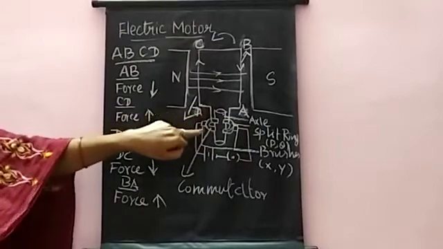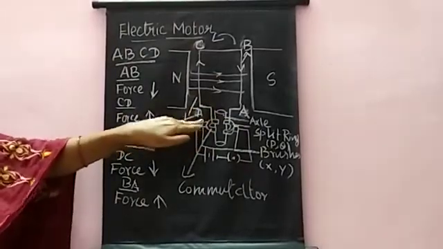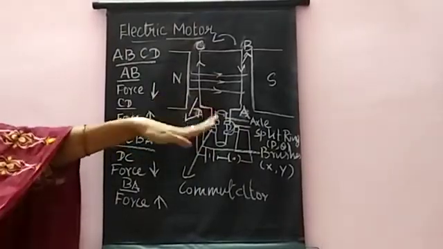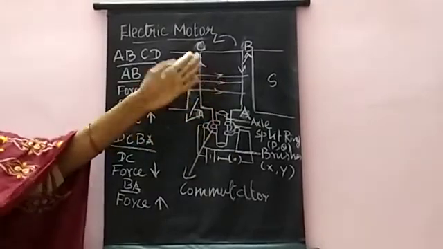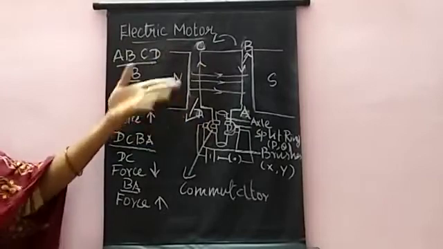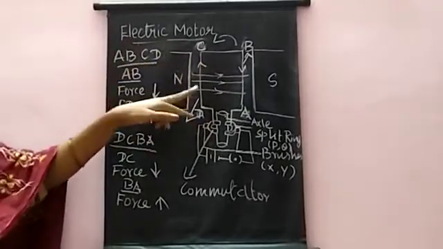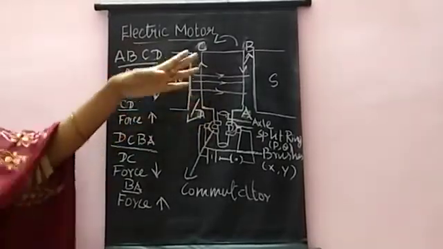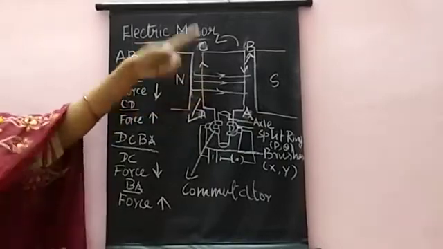The split rings rotate with the axle so that the coil rotates continuously. After each half rotation the current direction reverses, so the current flows continuously and the coil moves continuously.